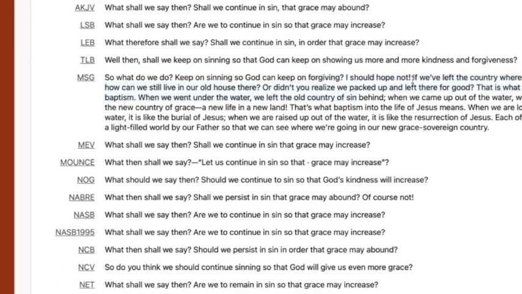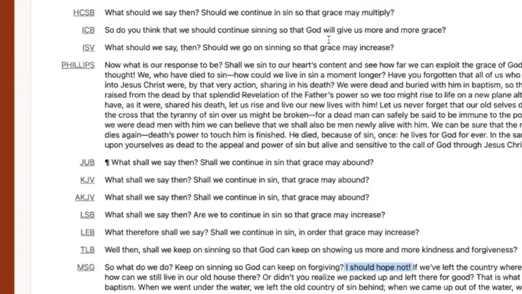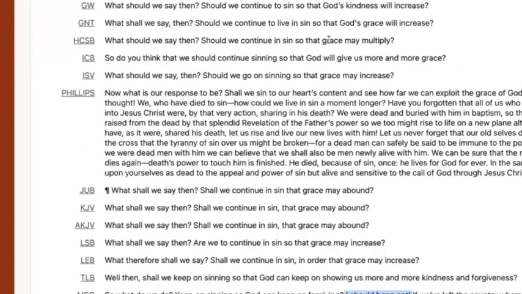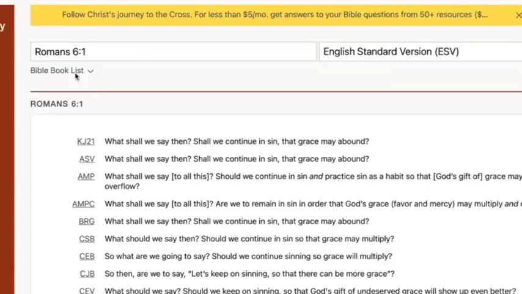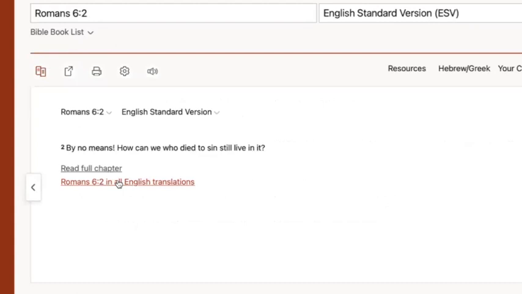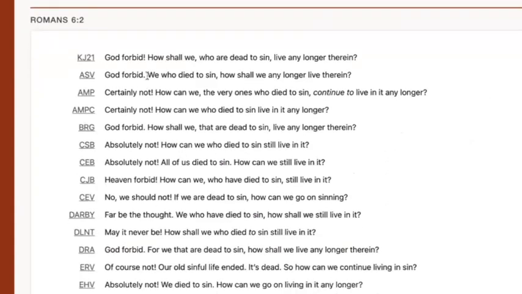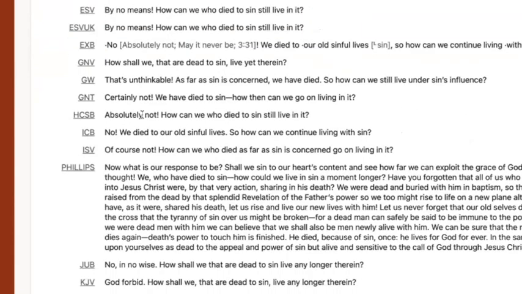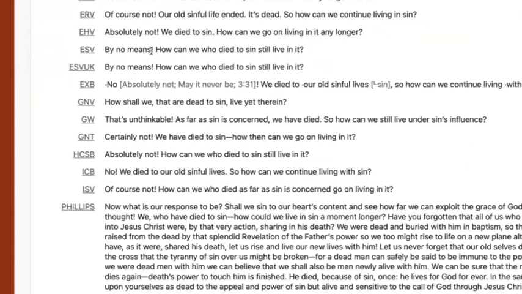And it says, I should hope not. The literal would be, well, we have to go to 6:2. This says, God forbid. Well, the word God is not in there, so that's not accurate. By no means. That's more accurate to the Greek.